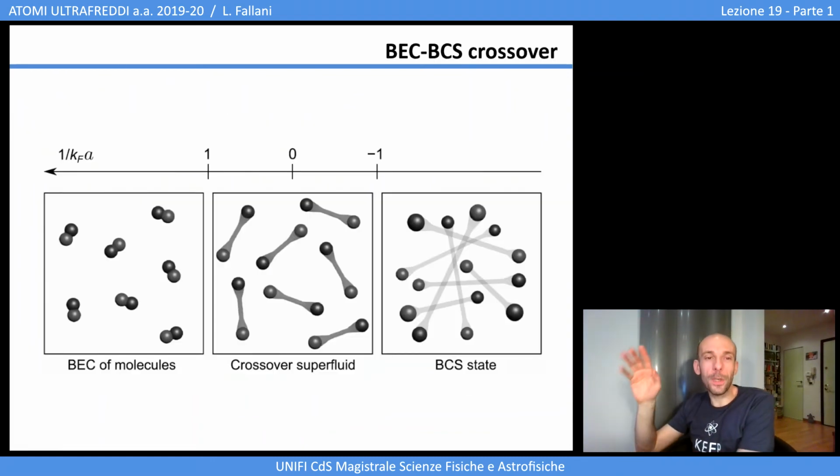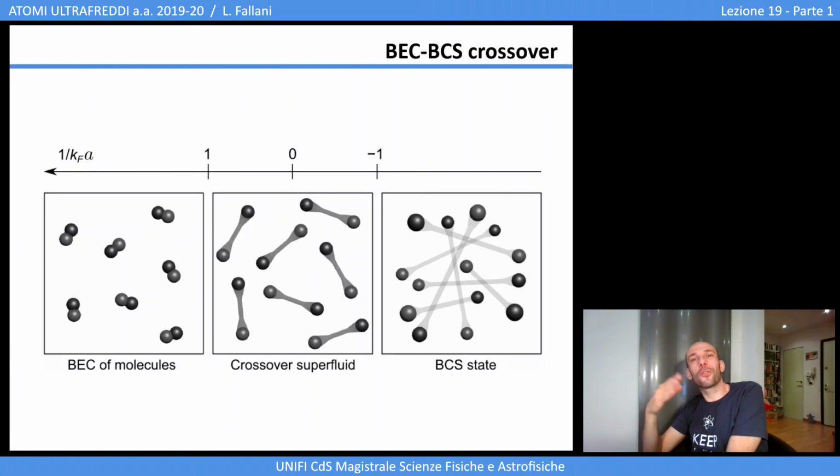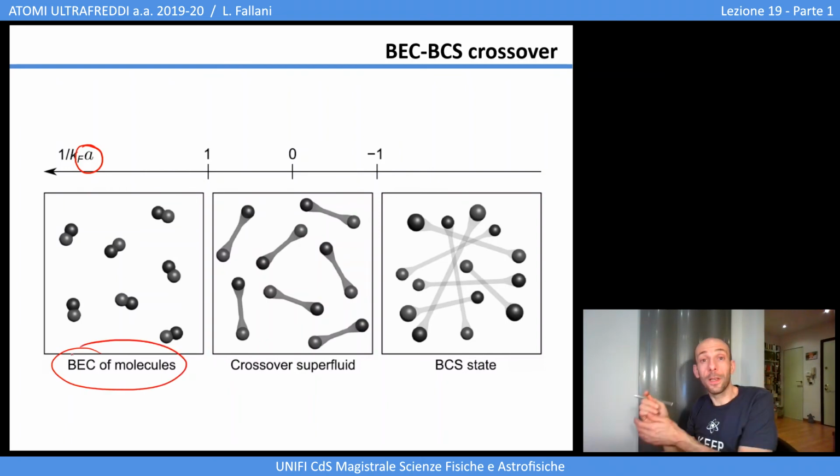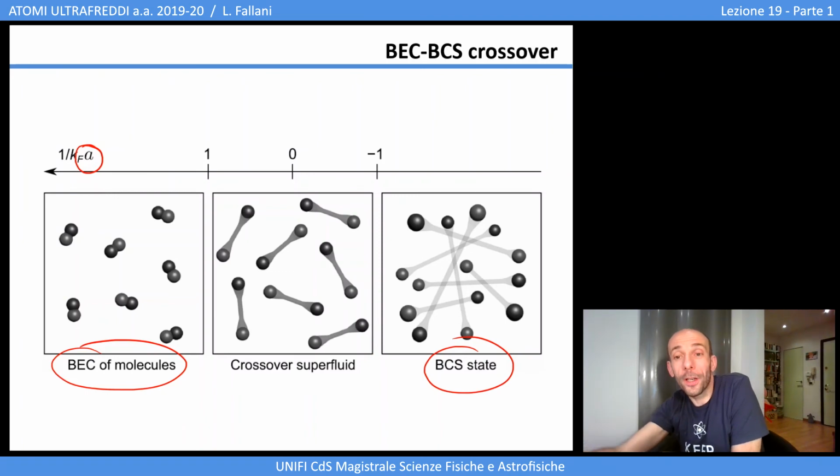And there is this picture that is completely qualitative, but it gives you the idea of the crossover between the regime of positive scattering length, in which you have Bose-Einstein condensation of these tightly bound molecules, to the regime of attraction between the particles when you have the BCS theory that is working.